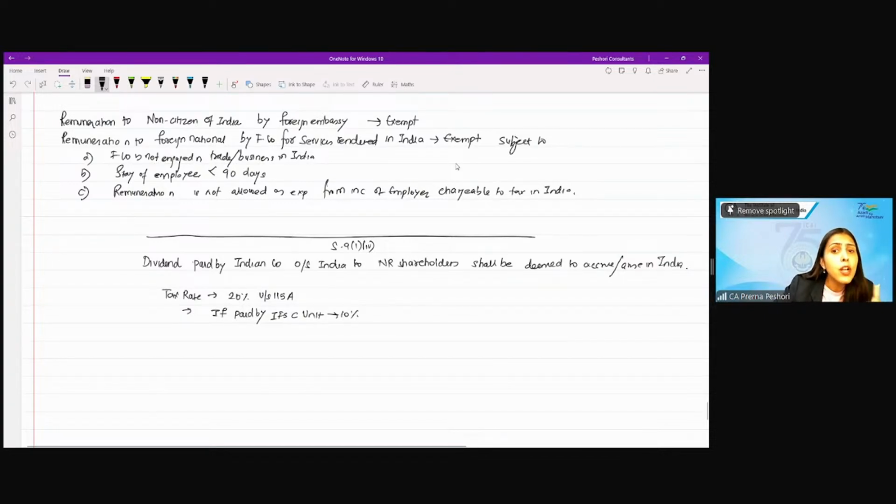But the dividend will only be taxable in the hands of the non-resident investor, or in case of any investor, if the SPV is exercising the option to pay the tax as per section 115BAA. And in that case, the tax rate shall be 10%. If the SPV does not opt for section 115BAA, then dividend will be exempt. Do you recollect this? Yes or no?